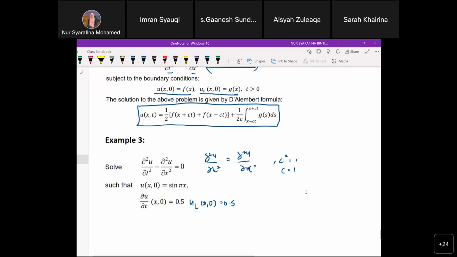You know that u(x,0) equals f(x), and u_t(x,0) equals g(x). So your f(x) should be sine pi x, and c equals 1.